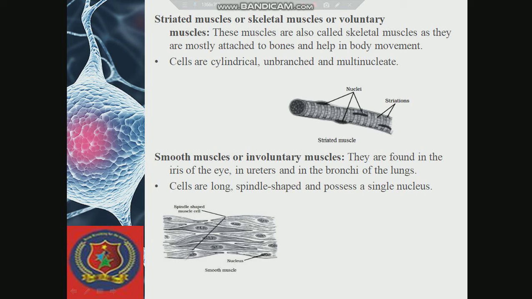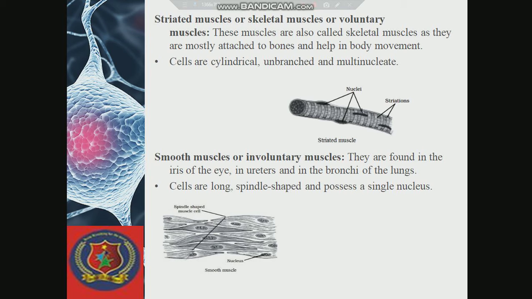Now coming to the next type of muscles. For example, the movement of food in your alimentary canal is caused by the muscles in your alimentary canal. Can you ever try to stop the movement of that food? No. Contraction and relaxation of blood vessels are also involuntary movements.